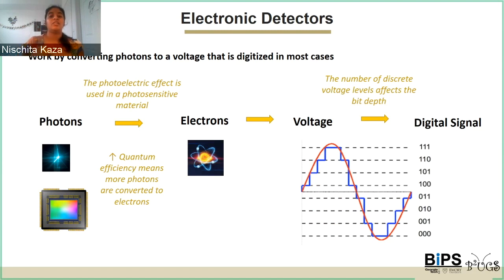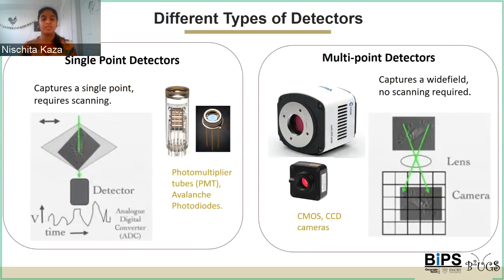Okay, so now that we have some sense of how the detectors work, let's look at the two common types of detectors. Broadly, you can think about detectors in terms of being single point detectors, which basically means that they only capture a single point and relay that point to the detector. Because you're only imaging a single point from the sample, you essentially need to scan the sample.